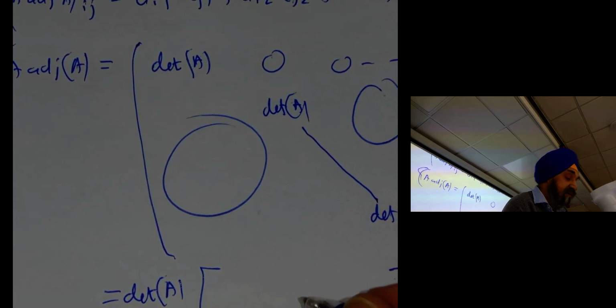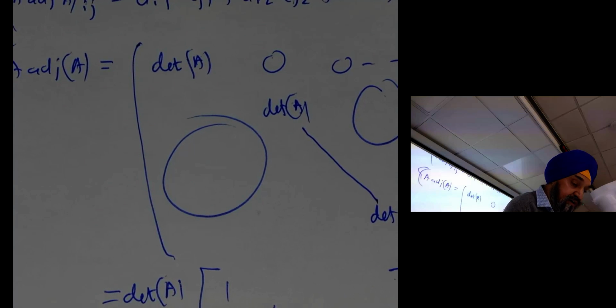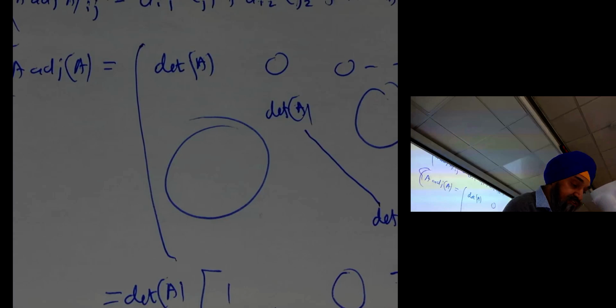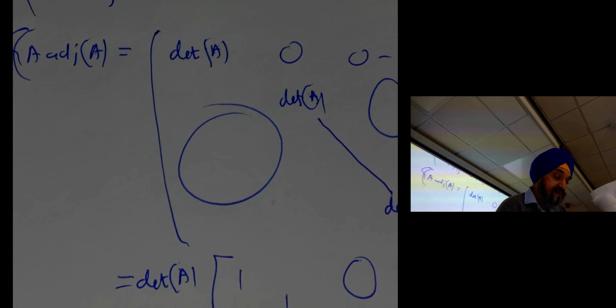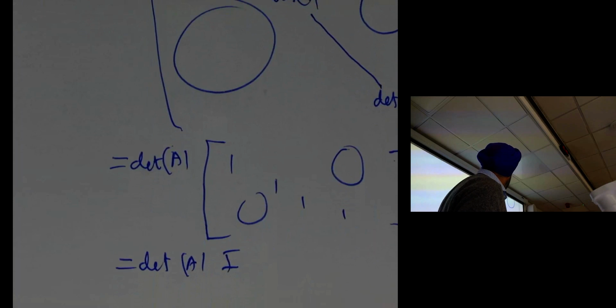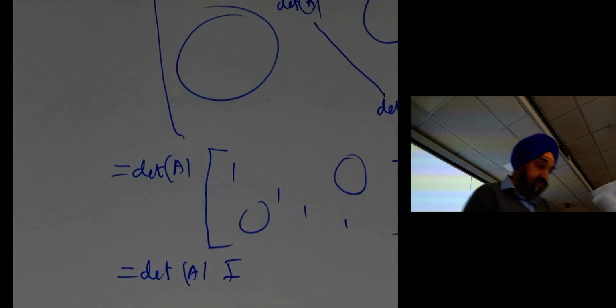The identity matrix: 1s along the diagonal and zeros everywhere else, which of course is det A times the identity matrix. So you were asked to show that if you multiply A times adjoint A, you get det A times I.